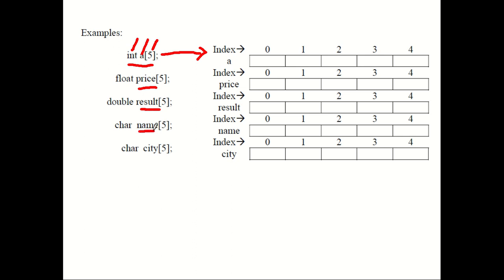Here the name array variable of type character means we can store 5 characters in this variable, and another character array variable, city, can store a 5-character city name.